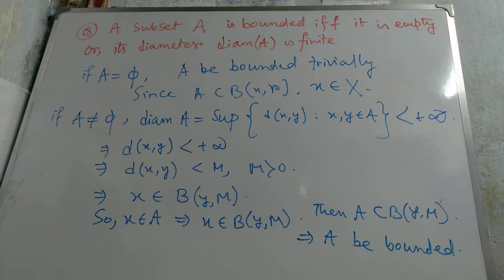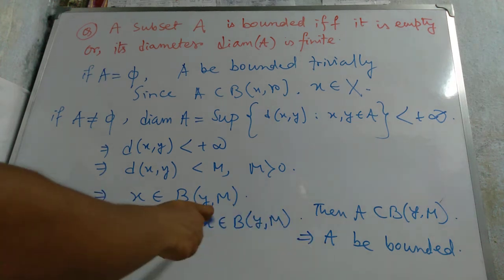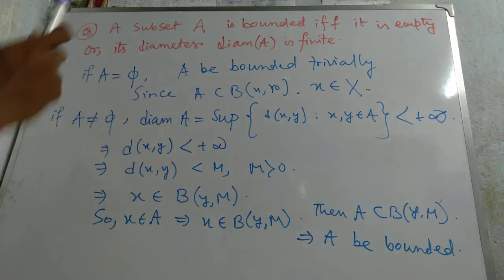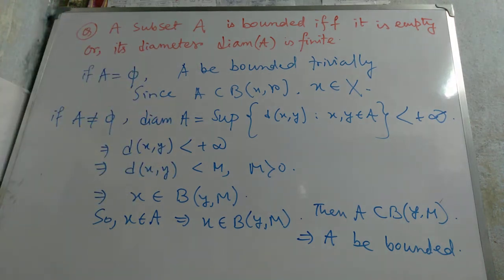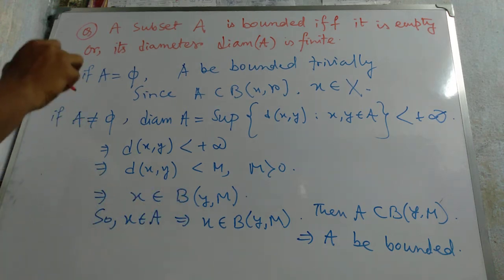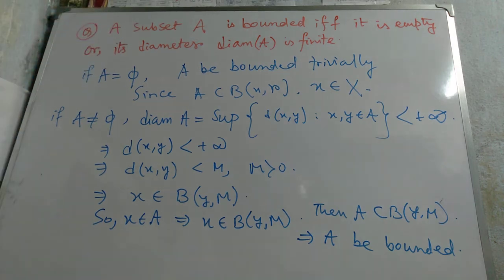Now obviously, conversely, if A is bounded, then each step holds in reverse. If we go back along this arrow in this way, then obviously the diameter of A is less than plus infinity.